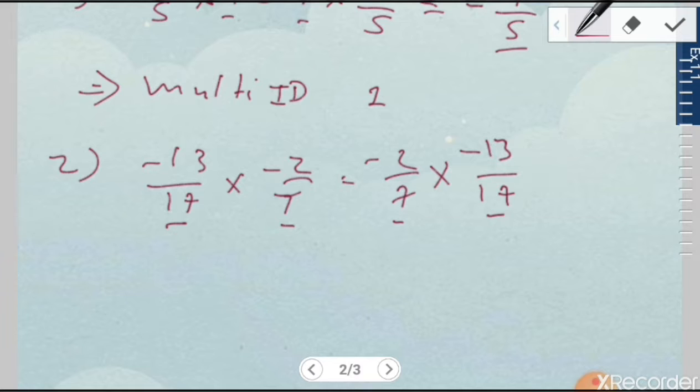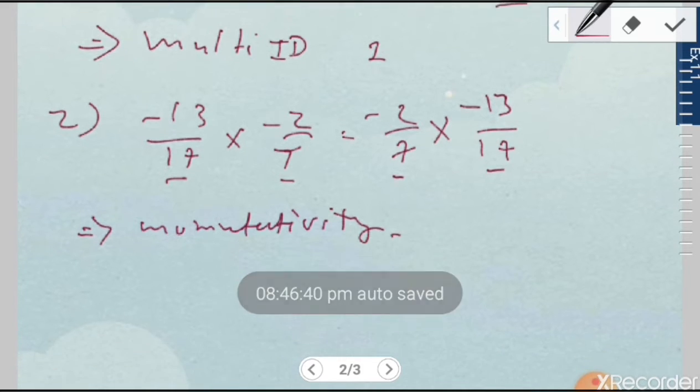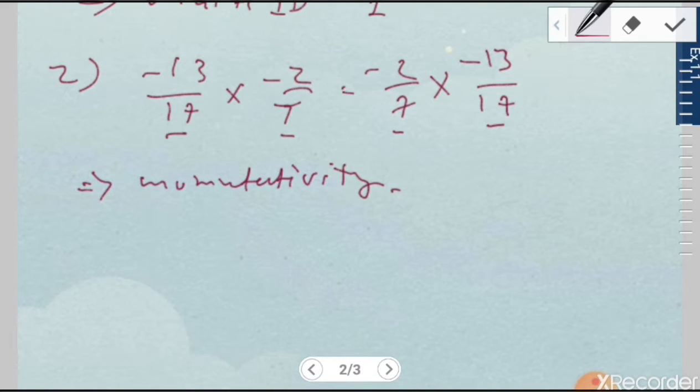So it simply changes its order. Whenever we change its order, it's called commutativity. That means the first term goes to the place of the second term and the second term comes to the first term. We just change the sequence of terms.